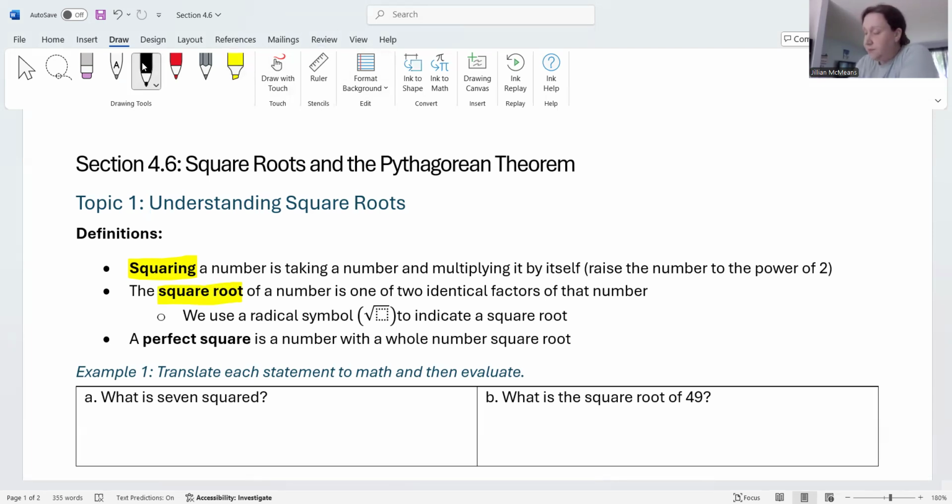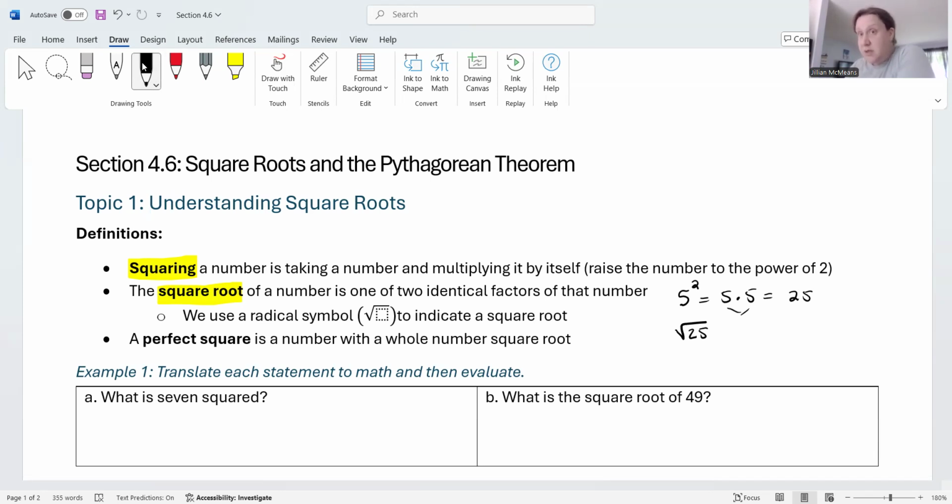So let's think about that. We know that if we take a number, let's say 5, and square it, that's equal to just 5 times 5. So we have two identical factors, and they have a product of 25. Well, squaring a number and taking a square root are like inverse operations. They undo each other. So if I wanted to take the square root of 25, I want to find those identical factors of 25.